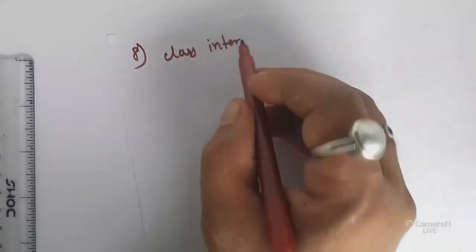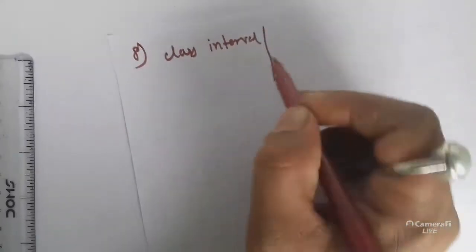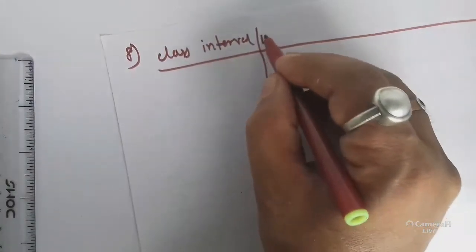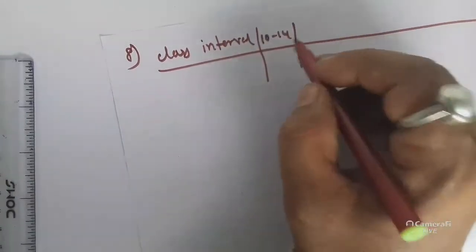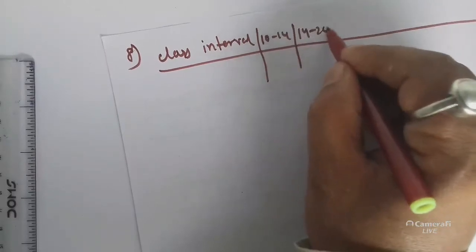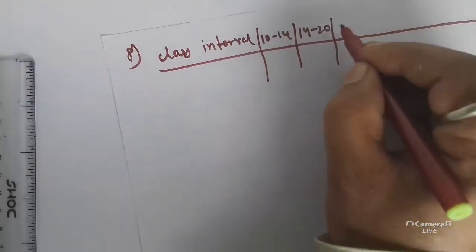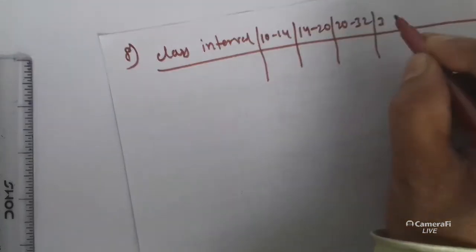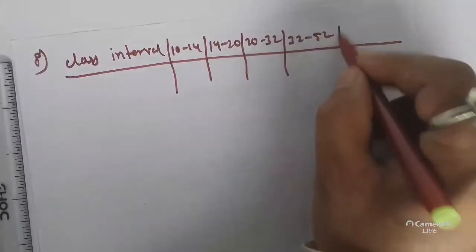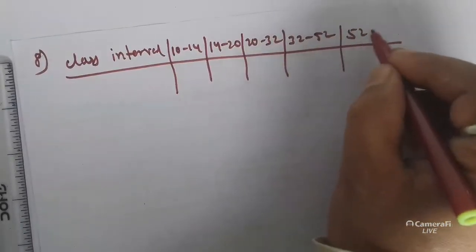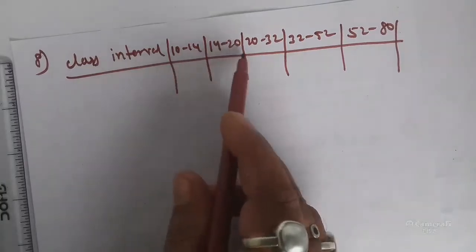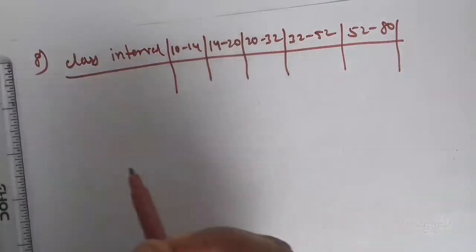Here the class widths are not the same, because here 10 to 14, then 14 to 20, then 20 to 32, and 32 to 52, and then 52 to 80. So here you can see that the widths of the class intervals are not the same.